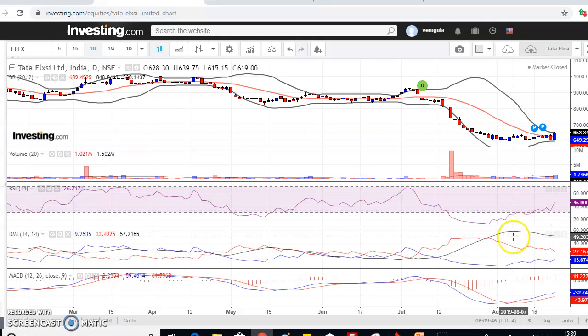Moving on to the next, the DMI. Just observe at this level, minus DMI has crossed the plus DMI, and the black line is the ADX.